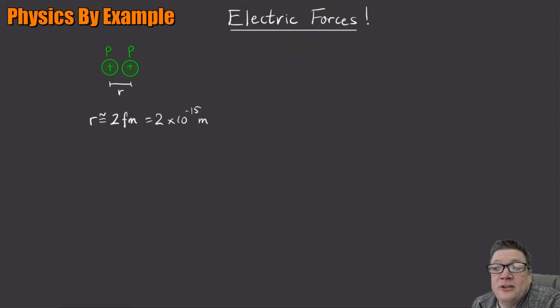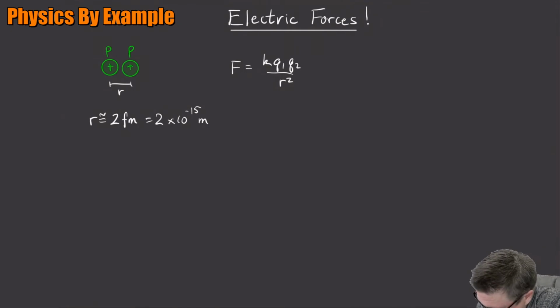So just between two of them, what's the force between them? The force is going to be K times Q1 Q2 over R squared. That's the magnitude of force between them. These have the same charge, and it's the fundamental charge, so it's just going to be K E squared over R squared.